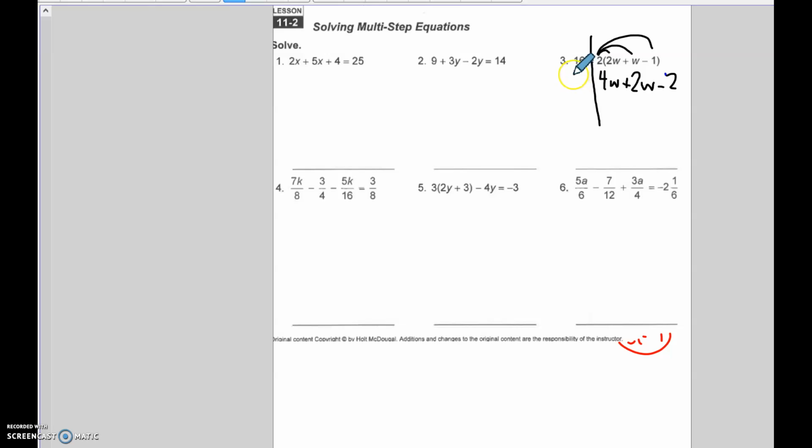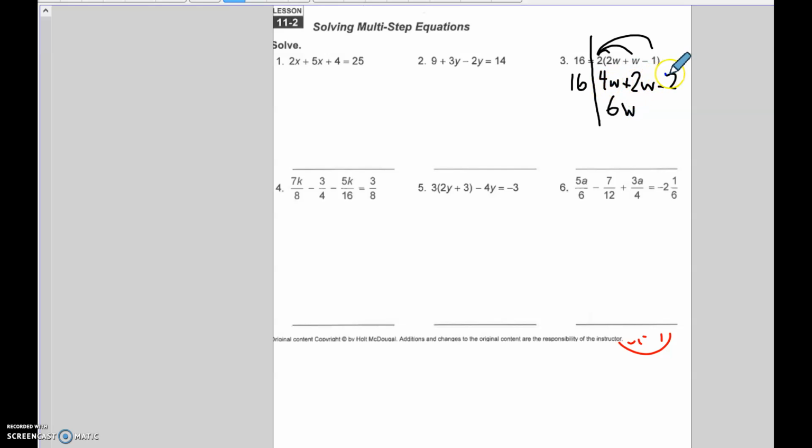Okay, now I want to collect my variables on one side of the equation and my constants on the other. So I'm going to keep my variables on the right, and I want to move this constant to the left. So 4w plus 2w is 6w. I don't do the inverse because I'm not moving across the equal sign, just combining on the same side.